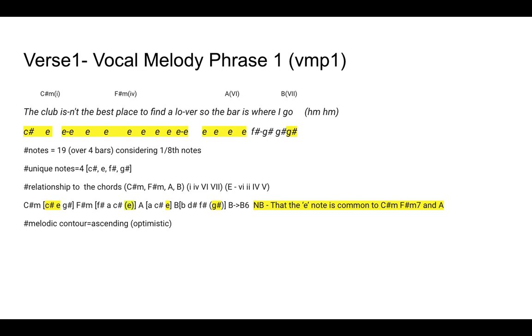Because the E note in the C sharp minor, we say is the third note. When we play the F sharp minor, the E in that chord is not a chord tone, but something clever happened here. If we consider the E to be a part of that chord, it's going to make it into an F sharp minor 7 because the E is the minor 7, and sometimes that happens.